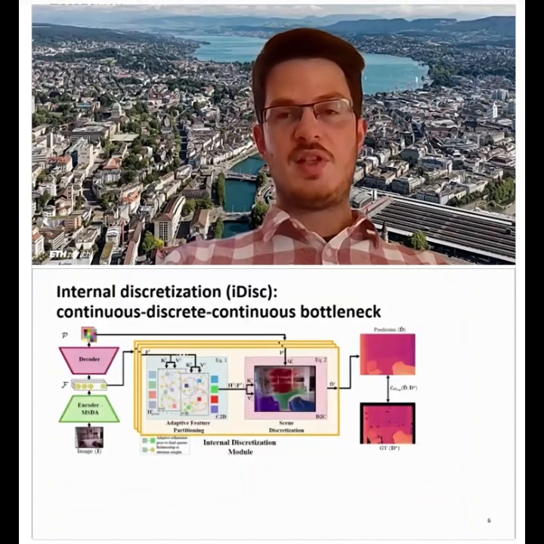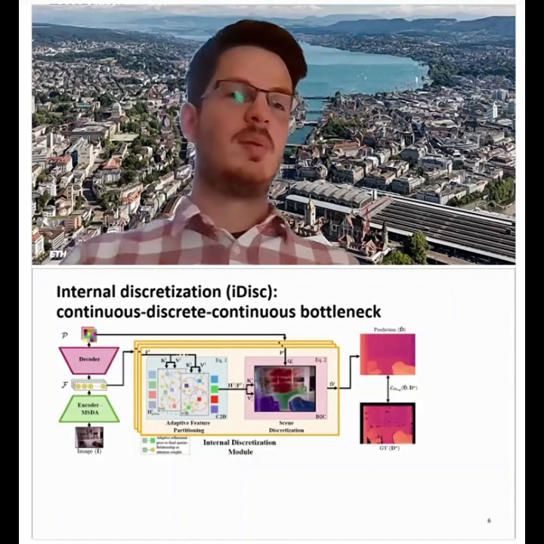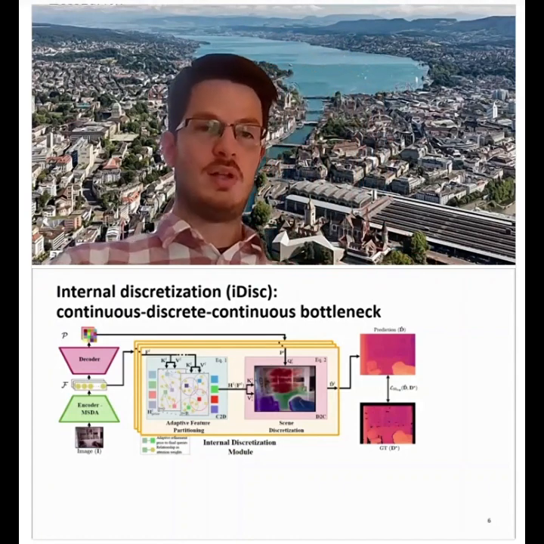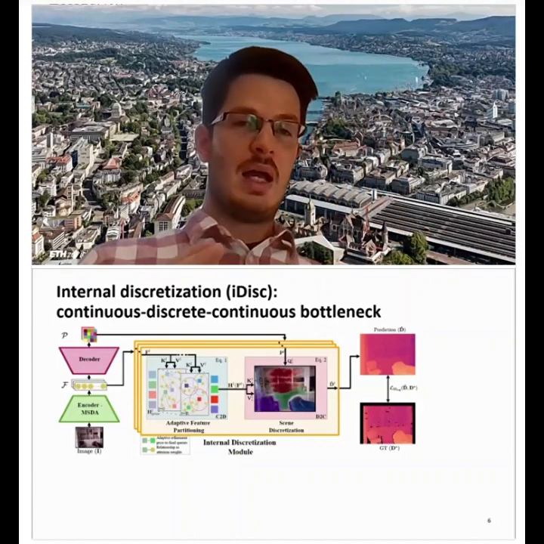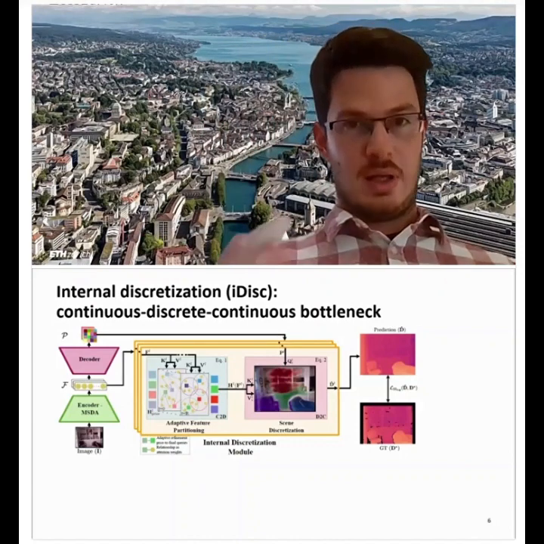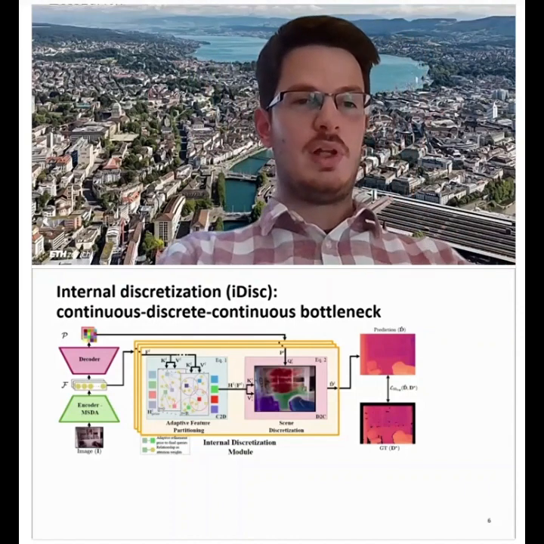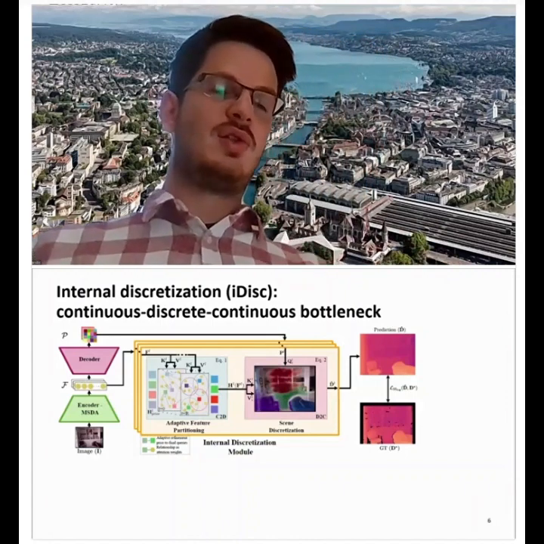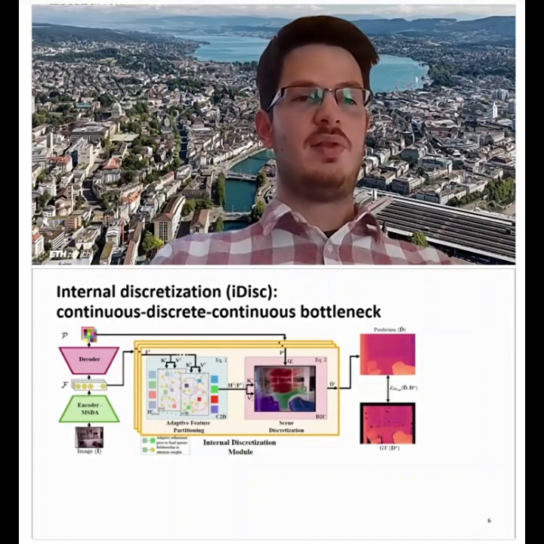So this brings us to the first main part of the talk, which is about our internal discretization model for geometric perception. We can see the overall architecture of our model. As we saw previously, we also adopt the standard encoder-decoder pipeline on the left.